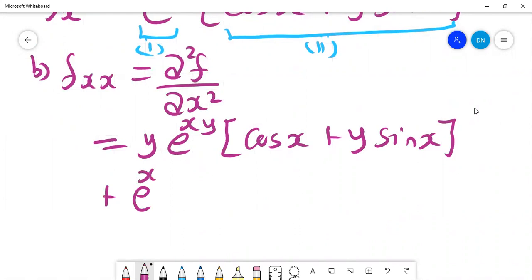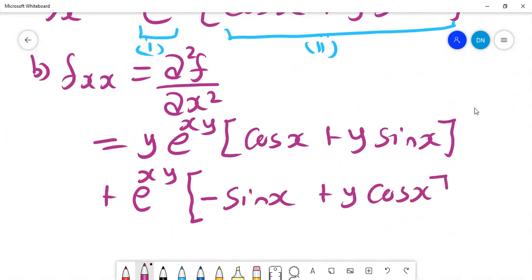Now I keep this constant. I differentiate what is inside the bracket. If I differentiate this with respect to x, it will give me that, plus this, it will give me that. So that is the solution that I'll get from all those equations that I have there.